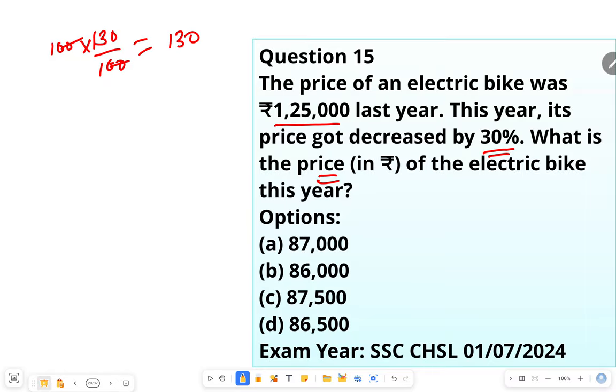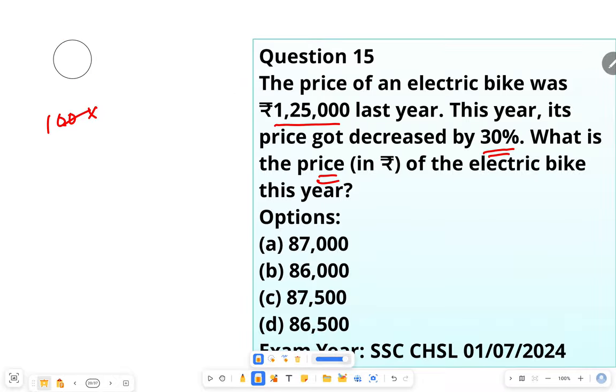You understood? You had 100 rupees. Now 30% increase means how much? 130. And you divide, you will get this result. I hope you understood. 130 you got.